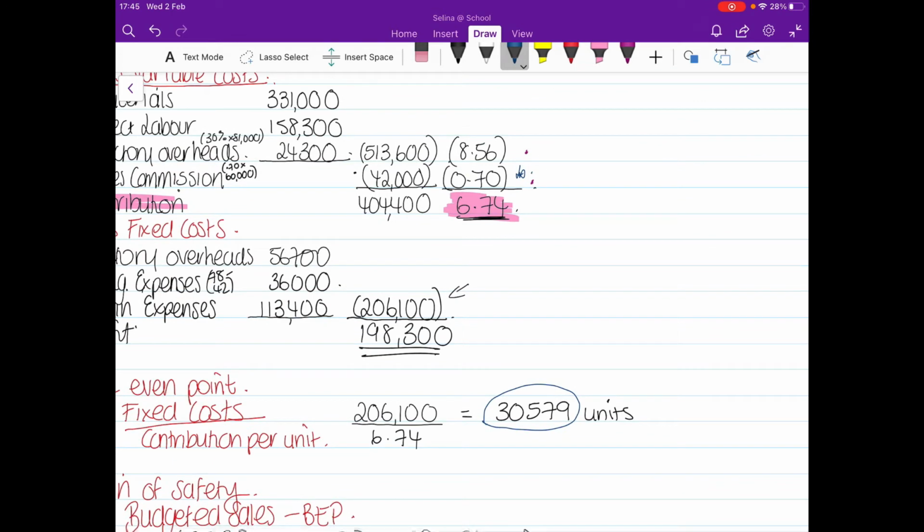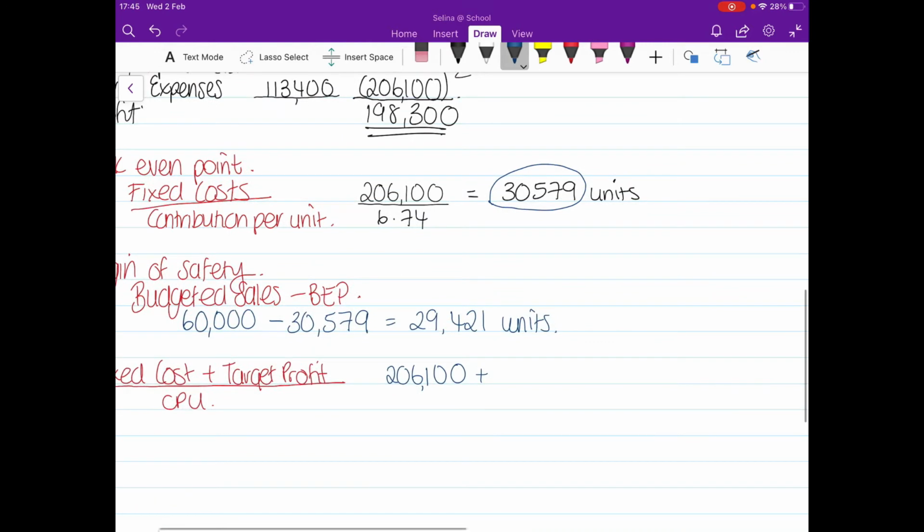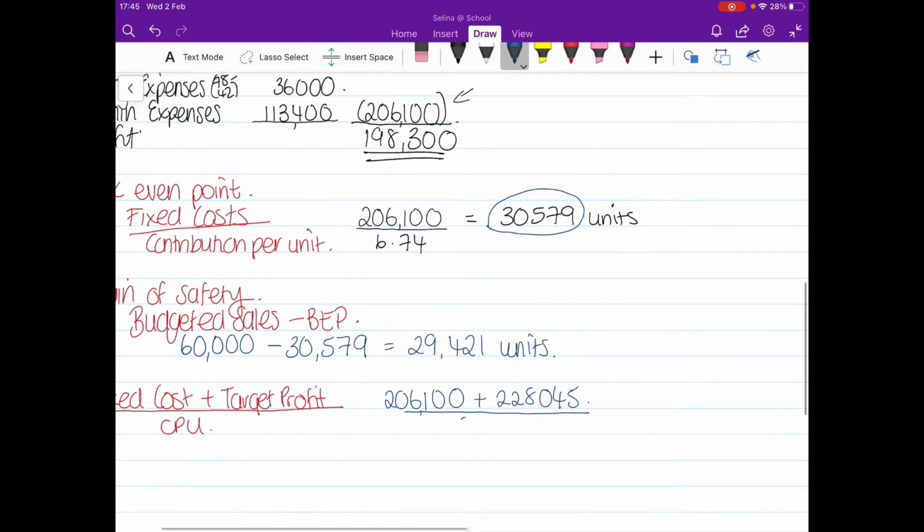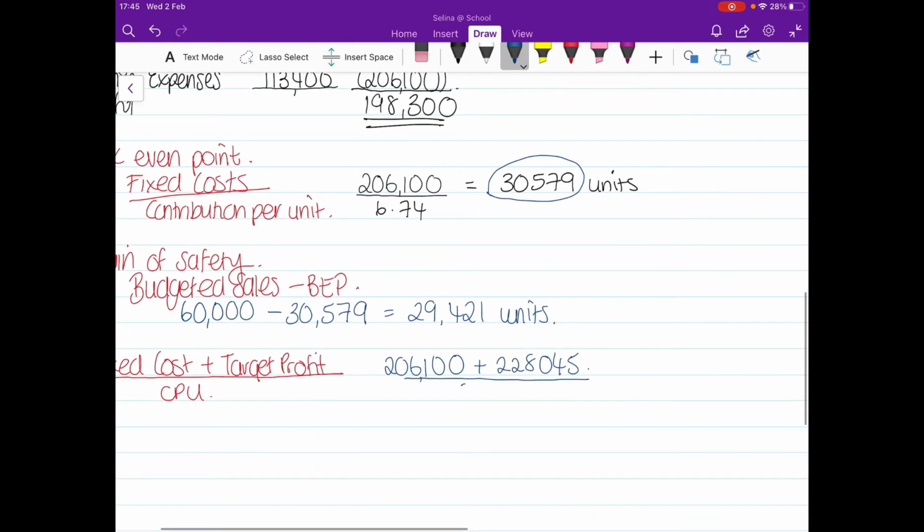So into your calculator, 198,300, and we're increasing that by 15%. So our new profit is going to work out at 228,045. Okay, and you're going to divide that by your contribution per unit, which is the 6.74.